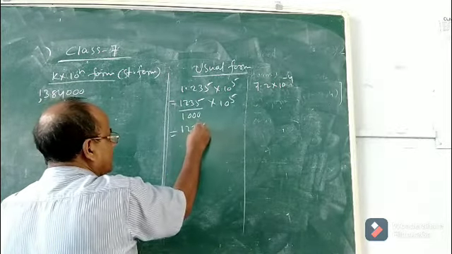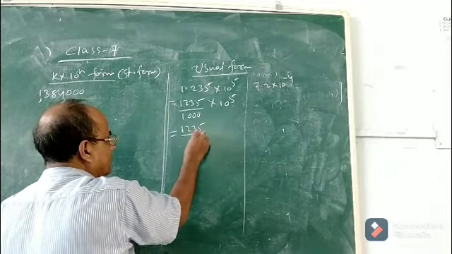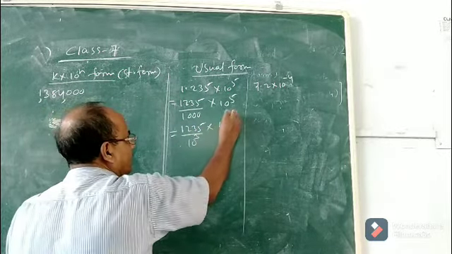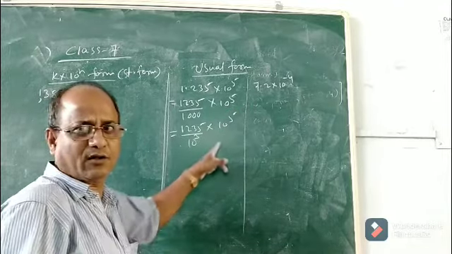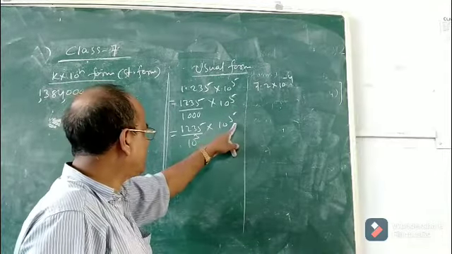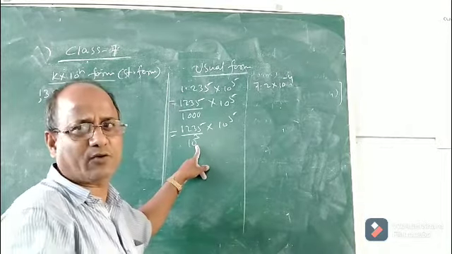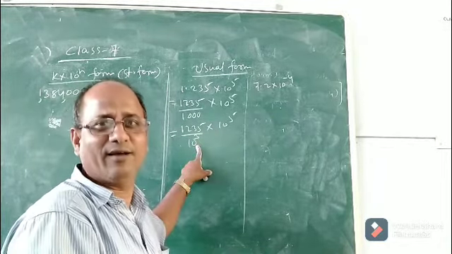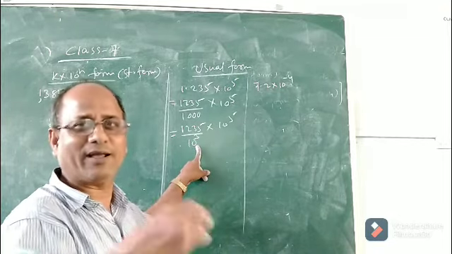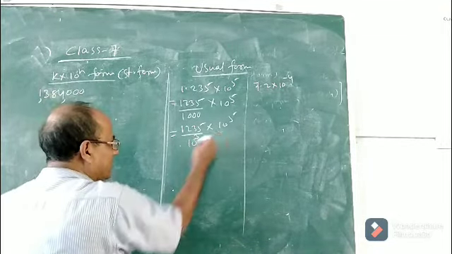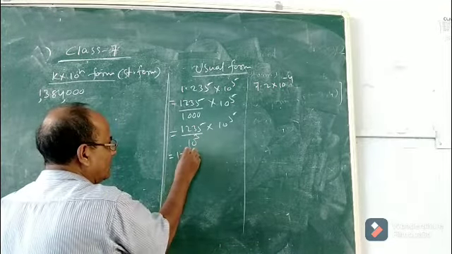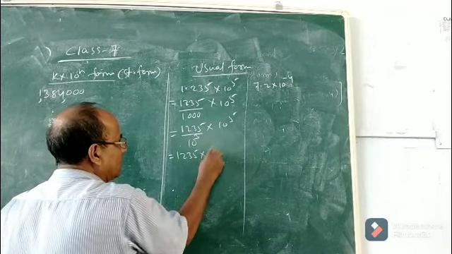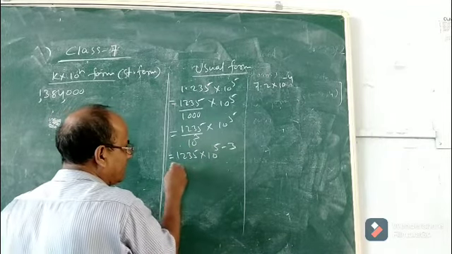So this is 1235 divided by 10 to the power 3, and this is 10 to the power 5. Now, 10 to the power 5 divided by 10 to the power 3, you can apply the second law of exponent, x to the power m by x to the power n equal to x to the power m minus n. So, using the second law of exponent, this will be 1235 into 10 to the power 5 minus 3.